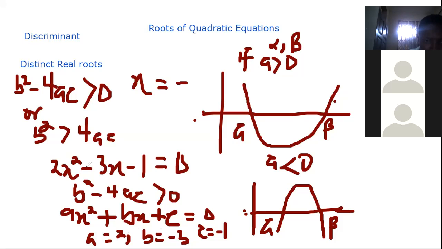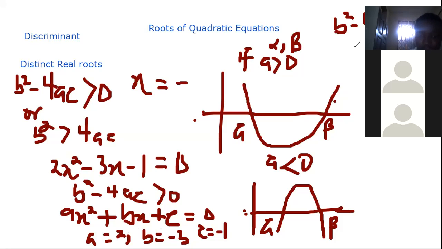Now we want to show that they are the extent real roots. So we are going to use this equation: b squared minus 4ac is greater than 0.